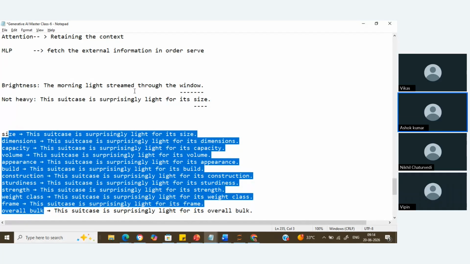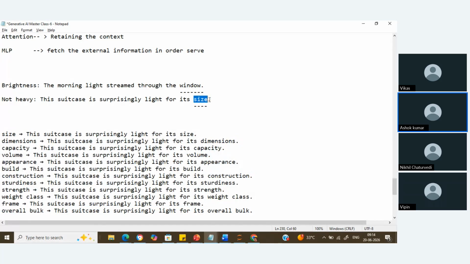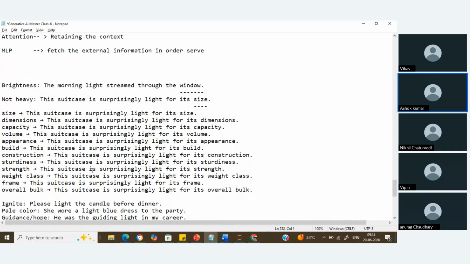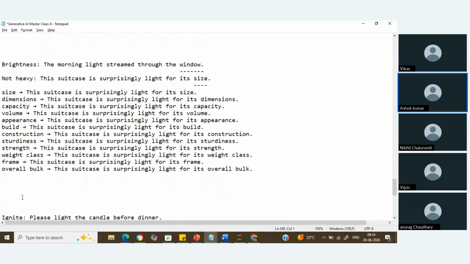These are the next words I can fit over here, but which one I pick depends upon the complete context. I can't put color here, because this word depends upon this complete information. So I'm trying to retain the context over here.